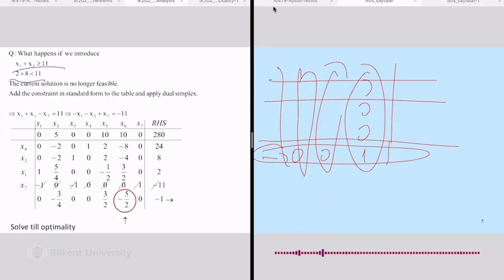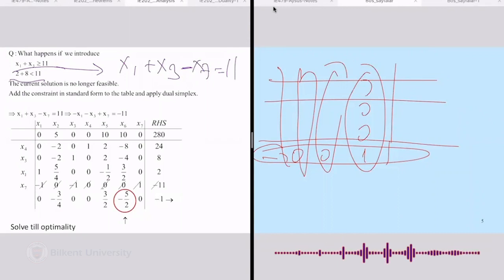So I have to add this constraint to my table. But first of all, I have to convert this to equality. So my constraint is x1 plus x3 minus x7 equals 11. Now I'm going to add this.